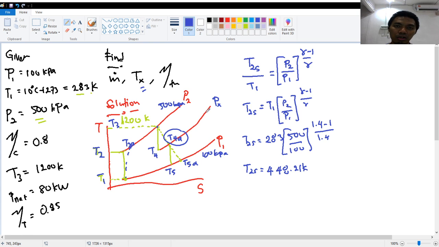Okay, because in the formula we always use the actual temperature. So for T2A you can find it using compressor efficiency equal to T2S minus T1 divided by T2A minus T1, and you rearrange it back.